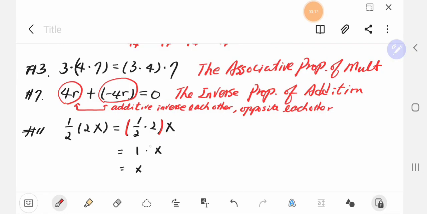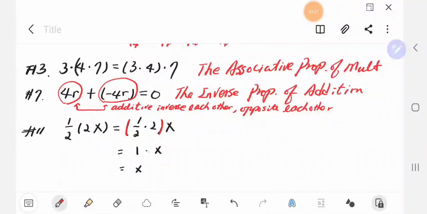And from this, we get 1/2 times 2. These 2 numbers are reciprocals of each other. Once you multiply 2 numbers that are reciprocals, it becomes 1. So that's the inverse property of multiplication.